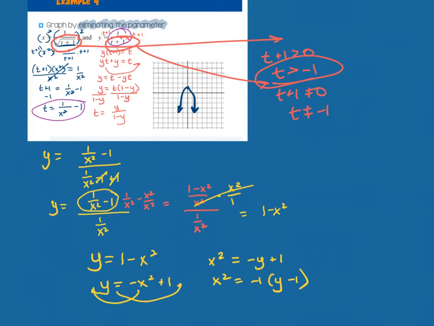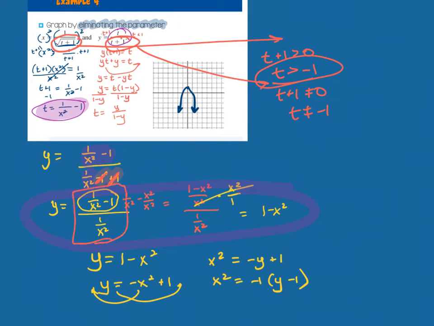Why is it 1 minus x squared? Well, that's all of this work here. So I started by solving for t, 1 over x squared minus 1, and then I plugged that into the top and to the bottom. And then I simplified the denominator by canceling out the negative 1 and the positive 1.